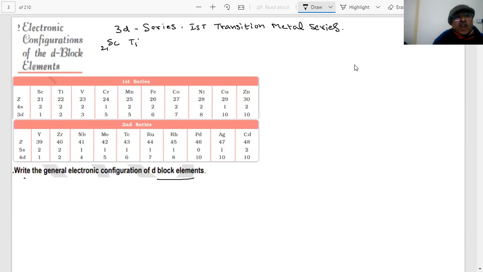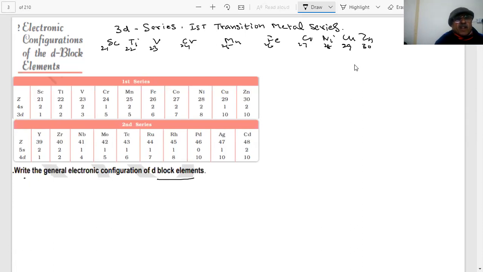Titanium, this you should now learn very clearly: scandium, titanium, vanadium, chromium, manganese, iron, cobalt, nickel, copper, zinc. This should be learned by all the students. So 23 atomic number, 24, 25, 26, 27, 28, 29. You can learn it.